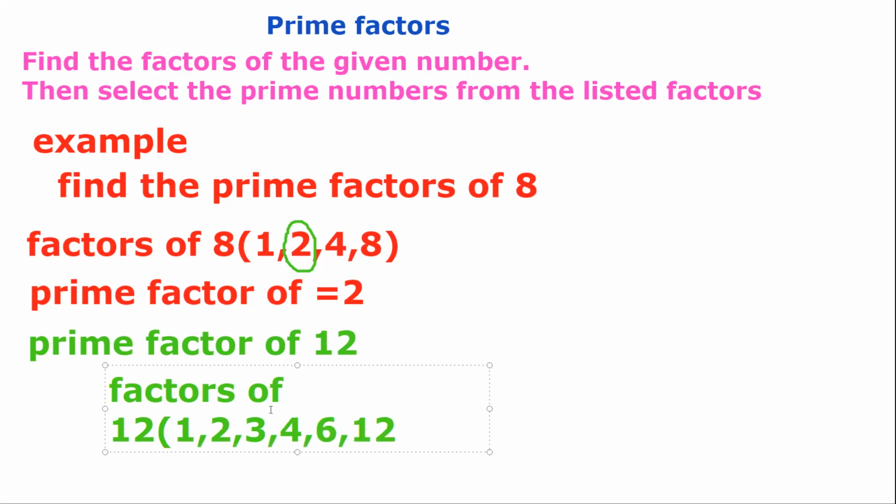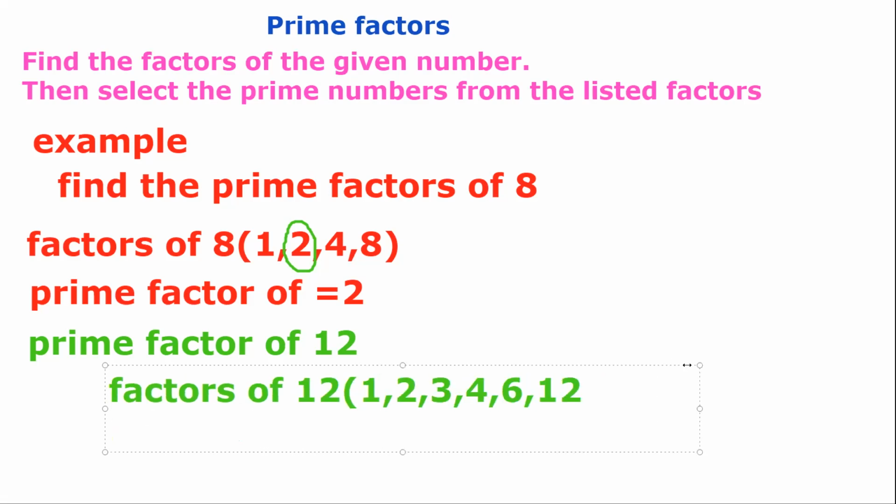Okay, then when you list the factors of 12, within the factors of 12, you circle the prime numbers. Okay, so here I'm going to circle the prime numbers in the factors. 1 is not a prime number, but 2 here is a prime number. 3 here is also a prime number. 4 is not, 6, 12, they are not.